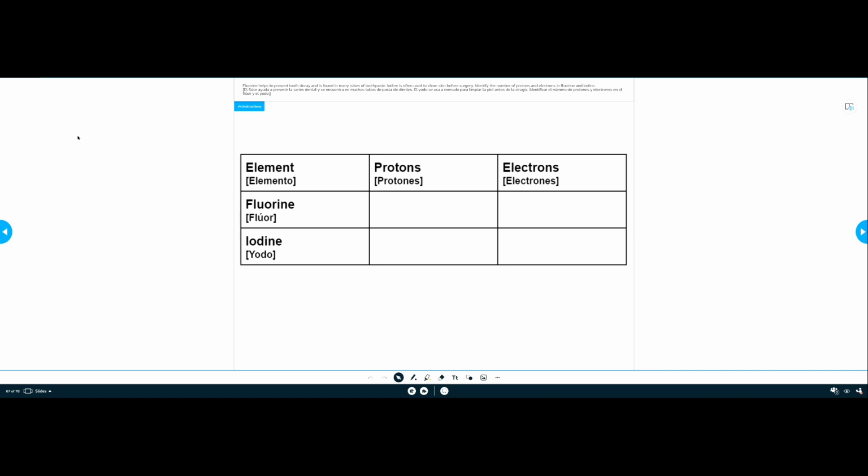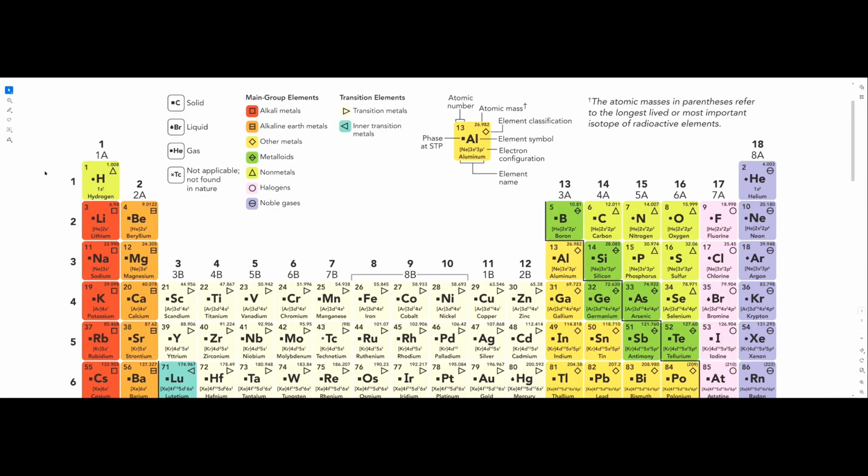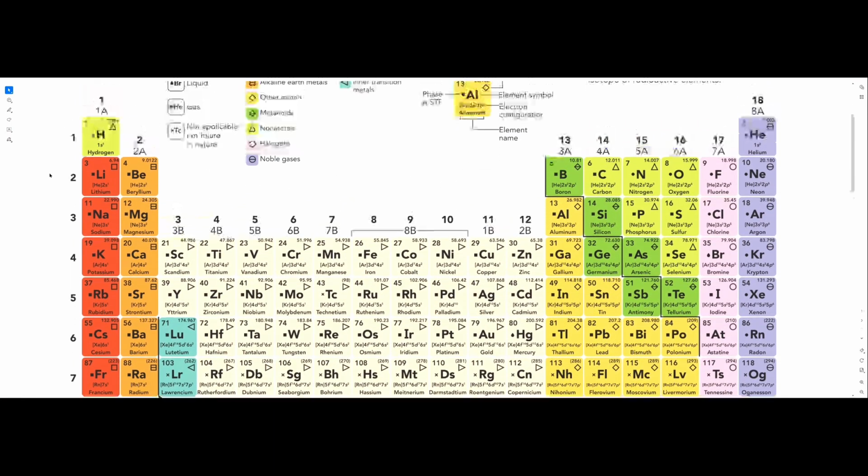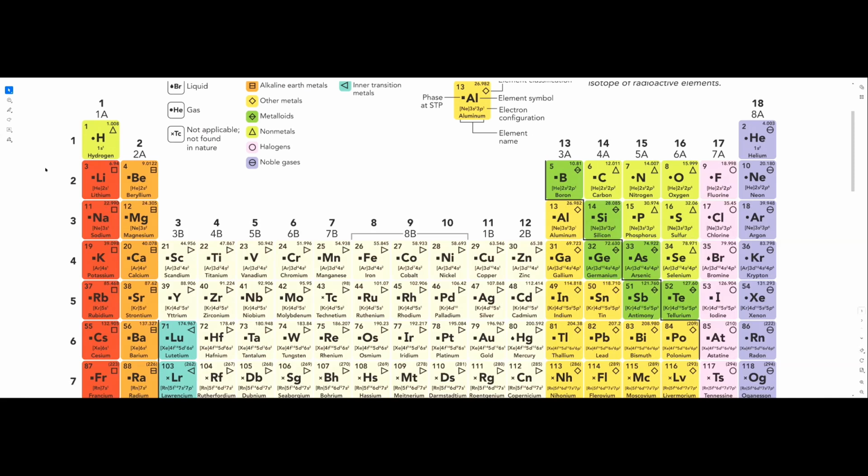We also wrote down that the number of protons and electrons are the same. We can go to our periodic table for the class, which can be found in Google Classroom, and find fluorine and iodine.